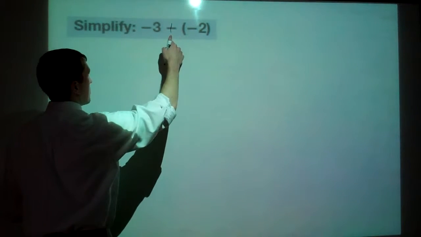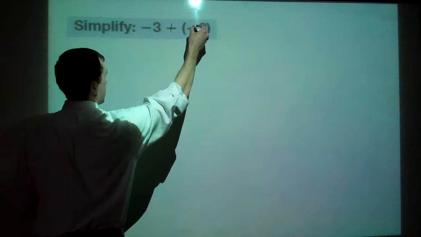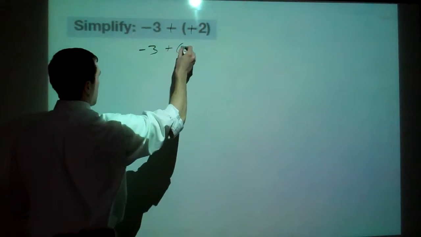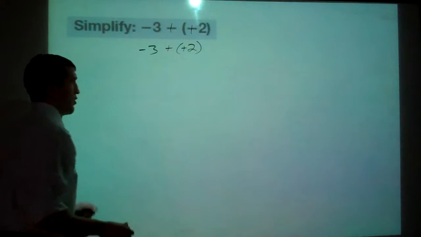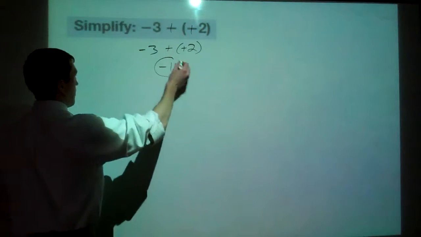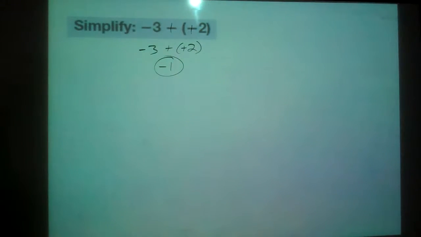But if we turn this to addition, we have to do the opposite of this one. So really we have negative 3 plus a positive 2, or negative 3 plus 2, which is a negative 1. 3 minus 2 is 1, but we have more negative than we have positive, so it has to come out negative.